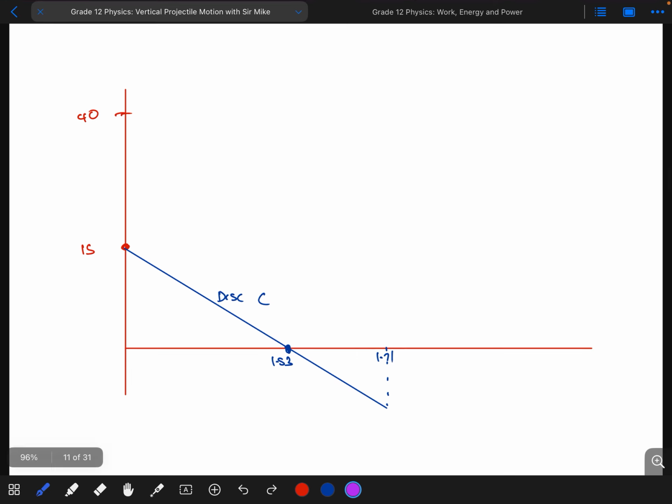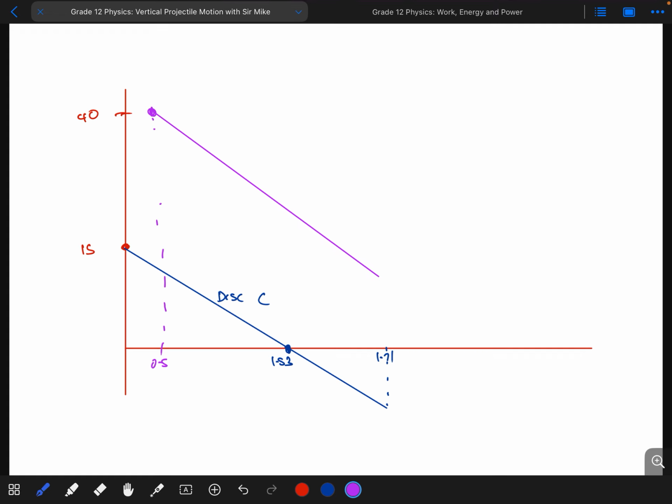Because it was projected 0.5 seconds later. So it actually starts at that point there. As it was going up, its speed was decreasing until it hits object C there.